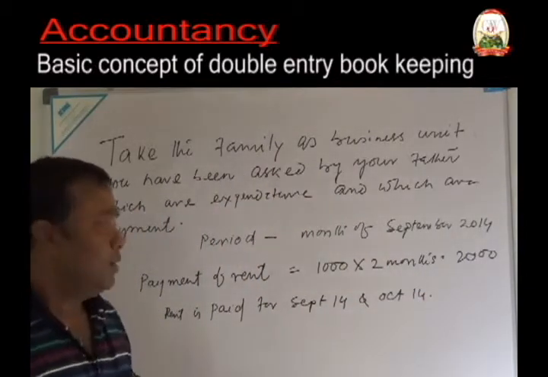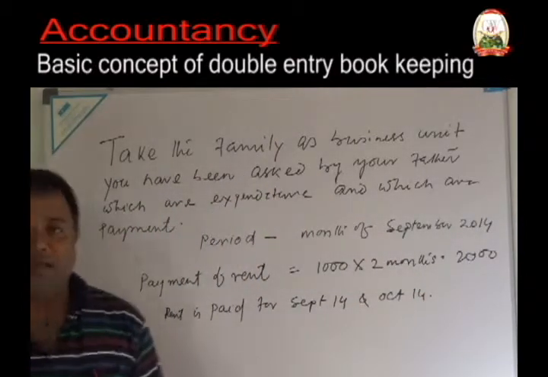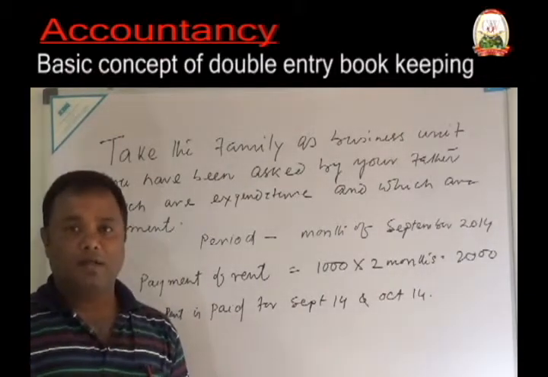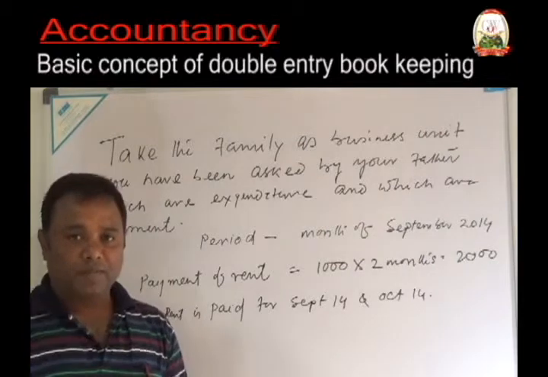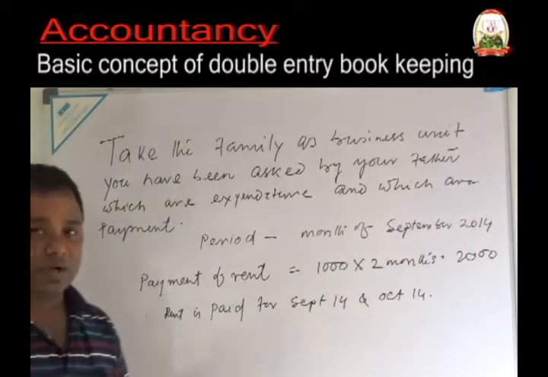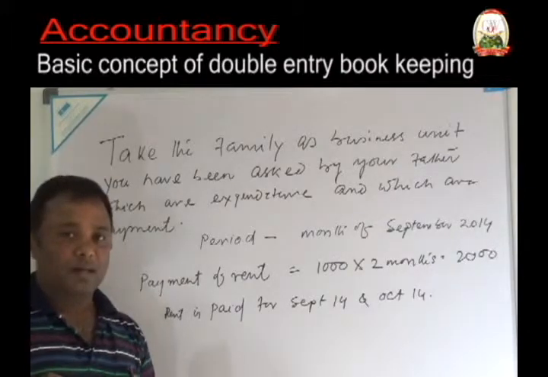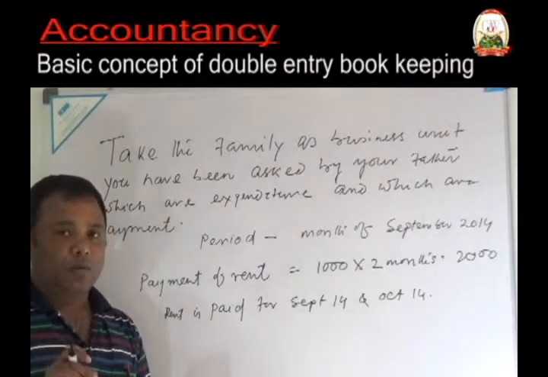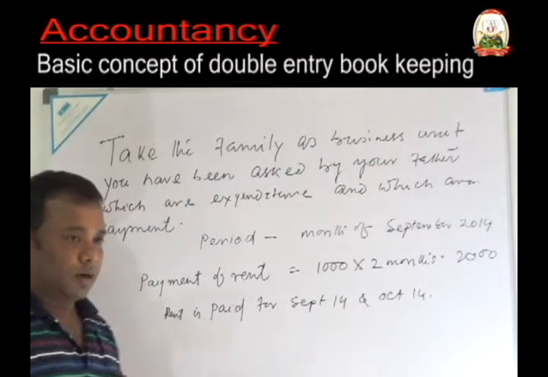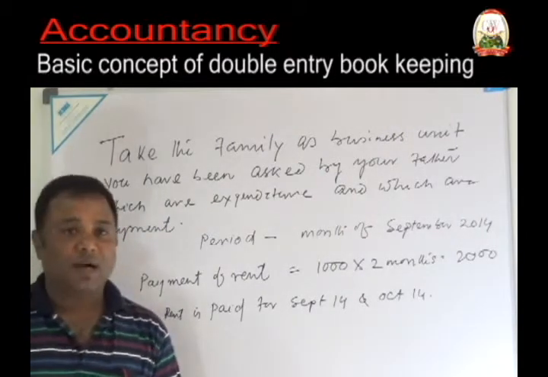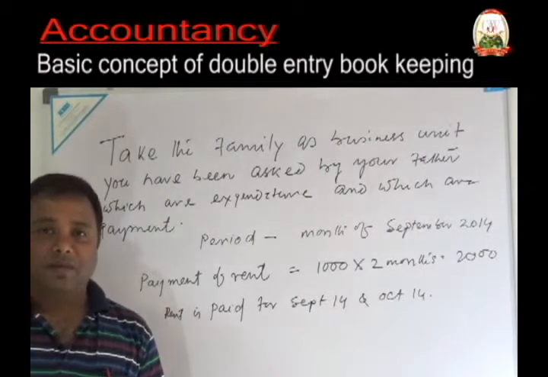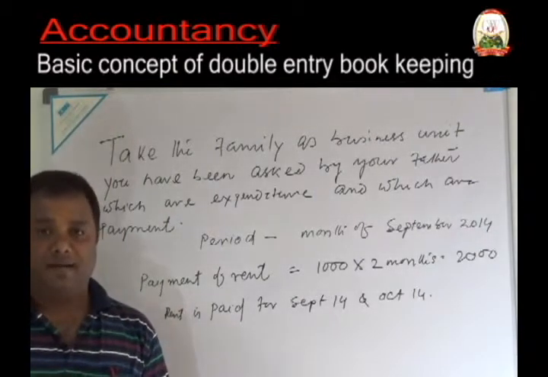In this case, what happened? You are standing in the month of September and you have been asked by your landlord to pay the rent for the month of September as well as October. Here you have paid rupees 2000, 1000 for each month. That means 1000 for the month of September and 1000 for the month of October. In this case, you have been asked what is your payment in the month of September towards rent.